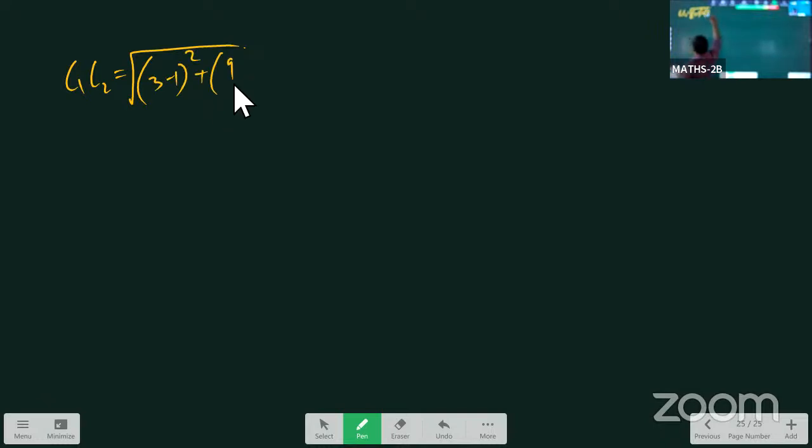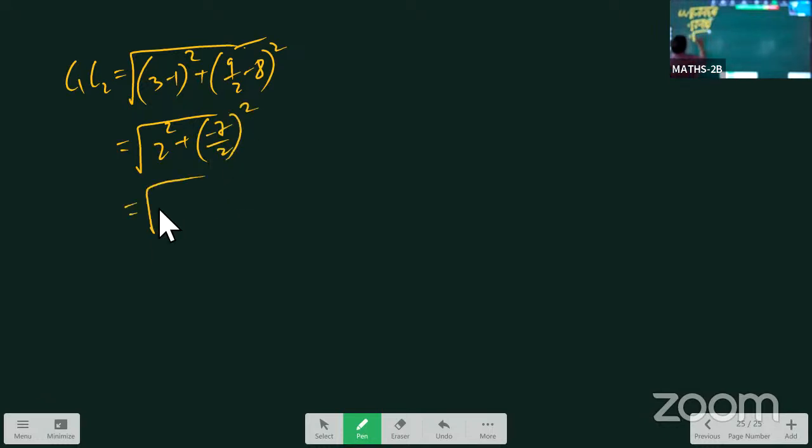C1C2 is the distance between the two centers, under root of 3 minus 1 whole square plus 9 by 2 minus 8 whole square. 3 minus 1 is 2 square, that is 4. 9 by 2 minus 16 by 2 is minus 7 by 2 whole square, that is 49 by 4. 4 4s are 16 plus 49 by 4.